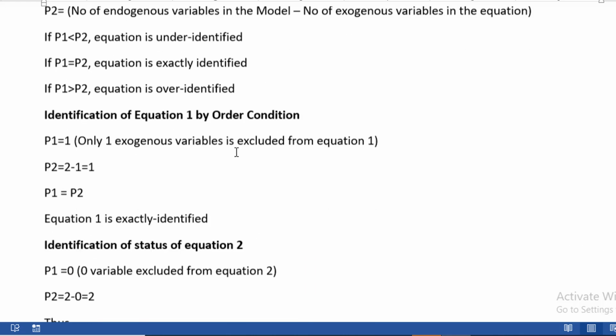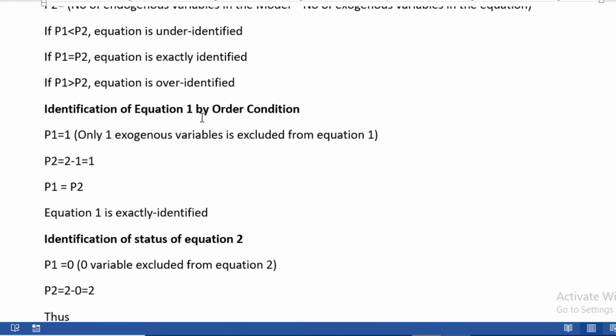So let's move to the solution. Identification of equation 1 by the order condition: P1 is equal to 1, meaning only the net export variable, which is an exogenous variable, can be excluded from equation 2 because it is not available on the right side of equation 2. P2 is equal to 2 minus 1, where 2 is the number of endogenous variables present in the model.